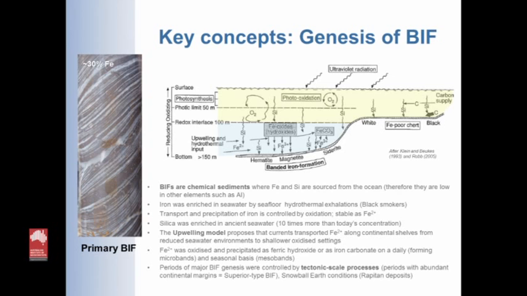Put very simply, the genesis of BIF is understood. It's quite an elegant model in that BIFs are chemical sediments, where the repository of the iron and silica was seawater. In a reducing environment, the iron is soluble as Fe2+, and silica is dissolved within the seawater.